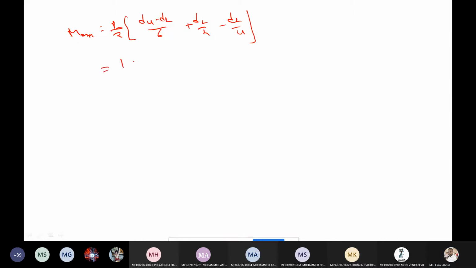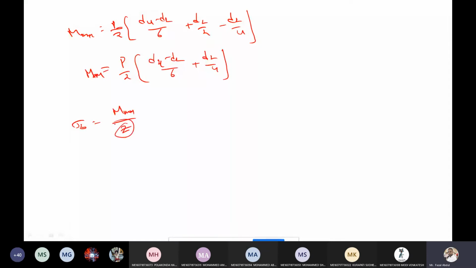Now what is this? P by 2 into D4 minus D2 by 6 plus D2 by 4. This is the maximum bending moment at the center of the quarter. Now bending stress equals maximum bending moment by section modulus.